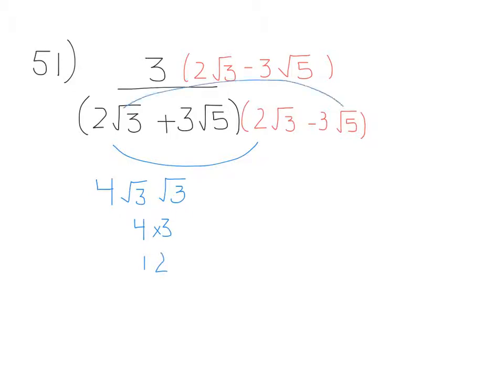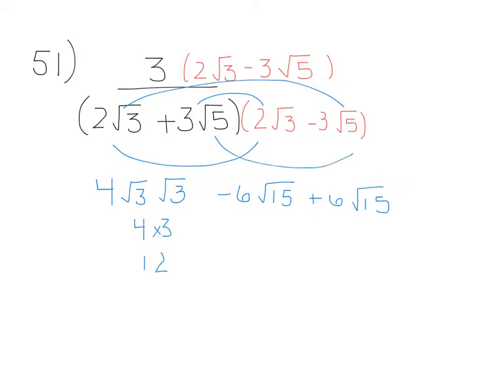Outside times outside would be 2 root 3 times negative 3 root 5, which would be negative 6 root 15. Inside times inside would be 3 root 5 times 2 root 3, which would be 3 times 2, which is 6, and root 5 times root 3, which is root 15.